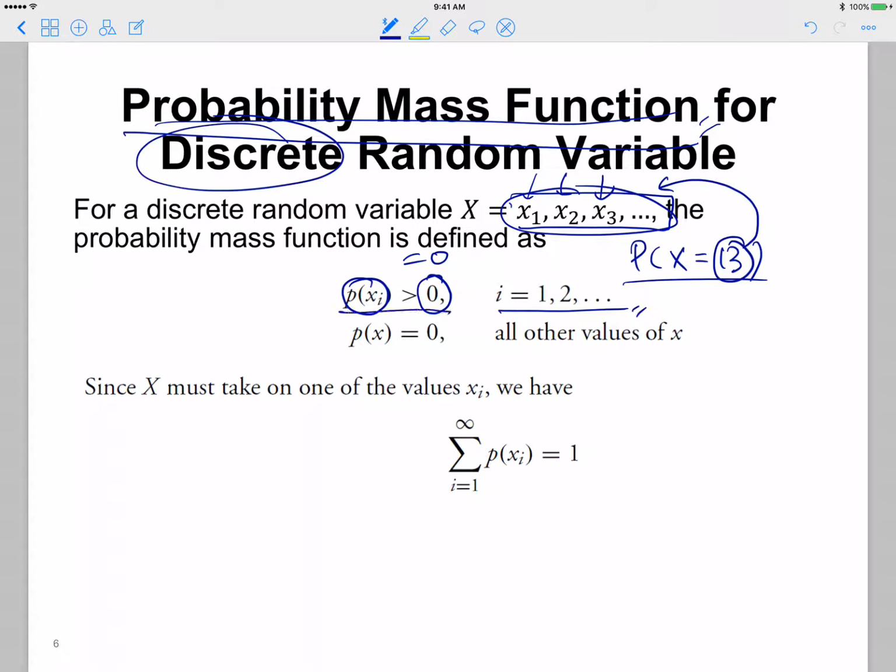Okay, and now we understand these are strictly positive values. Then for all the other values, it should be 0, and their sum should be just 1.